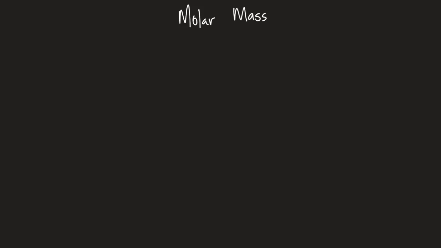The next concept we're looking at is molar mass. So the molar mass, and the symbol we use is capital letter M, is the mass of 1 mole of a chemical substance.